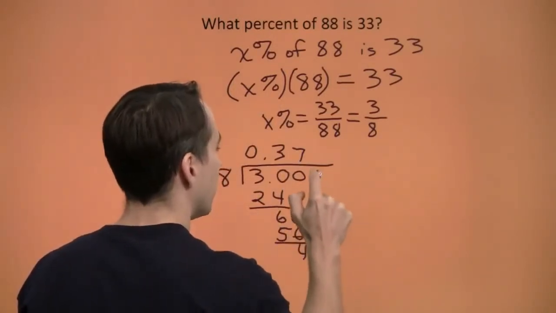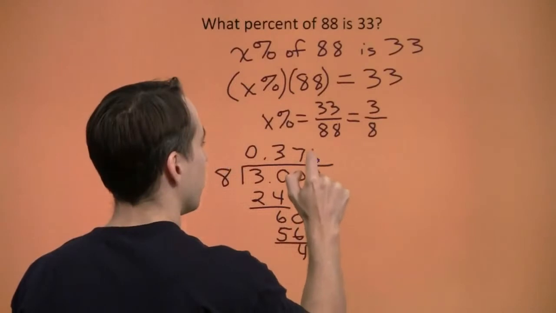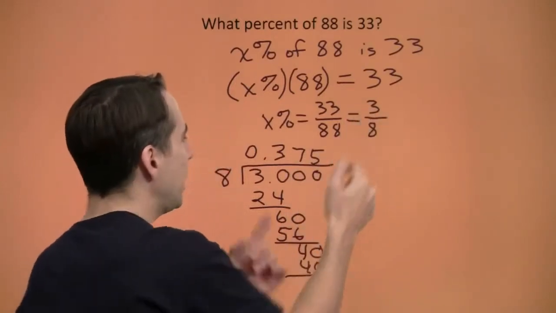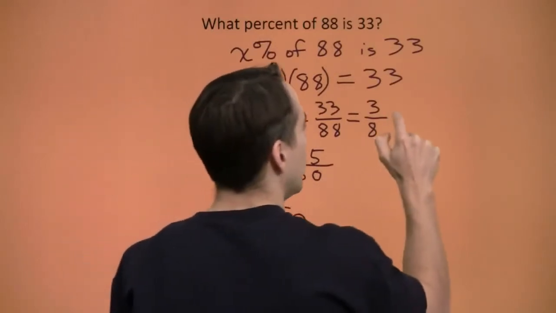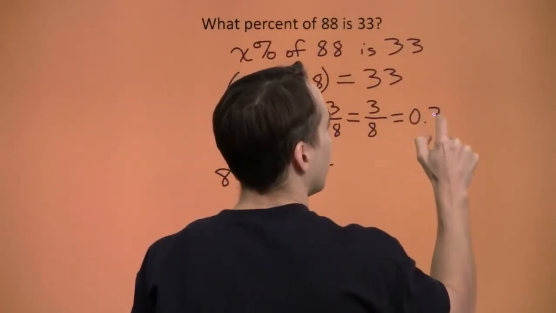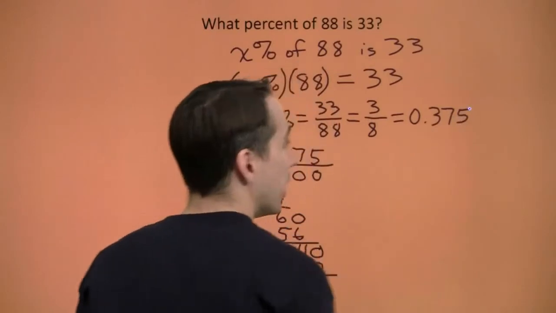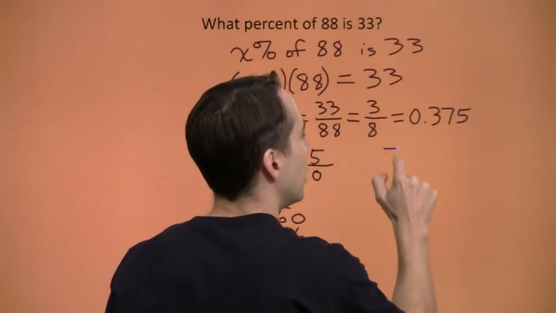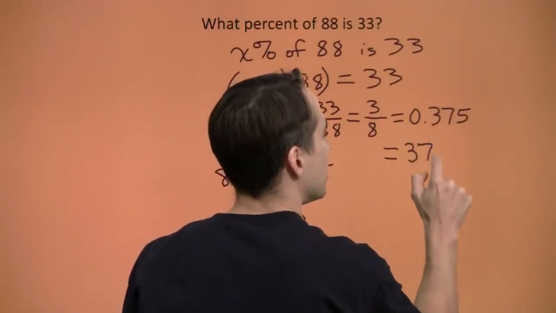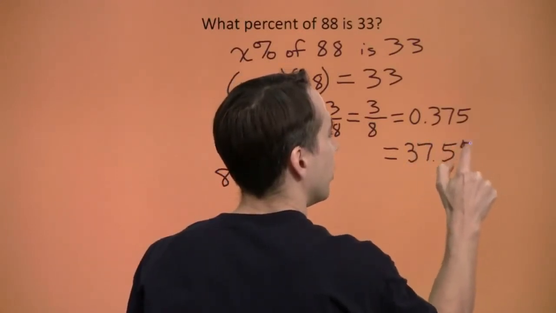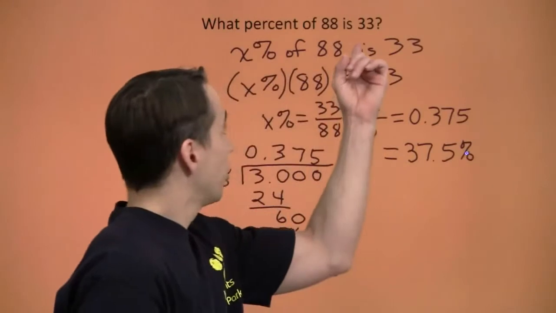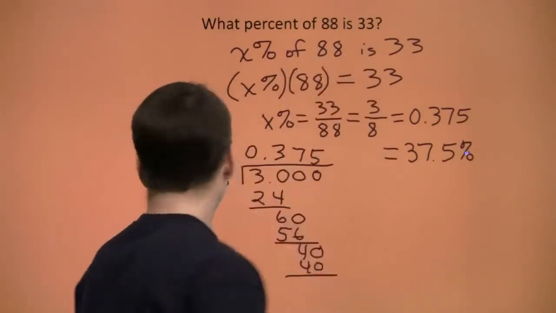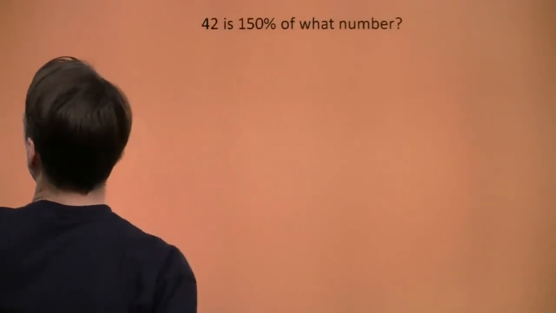Leaves us 4 left over. 8 goes into 40 5 times, and we have nothing left over. So 3/8 is 0.375. And we know how to turn that decimal into a percent. We just slide that decimal point 2 places over, and that is 37.5%. So 33 is 37.5% of 88, and we're ready for the next problem.